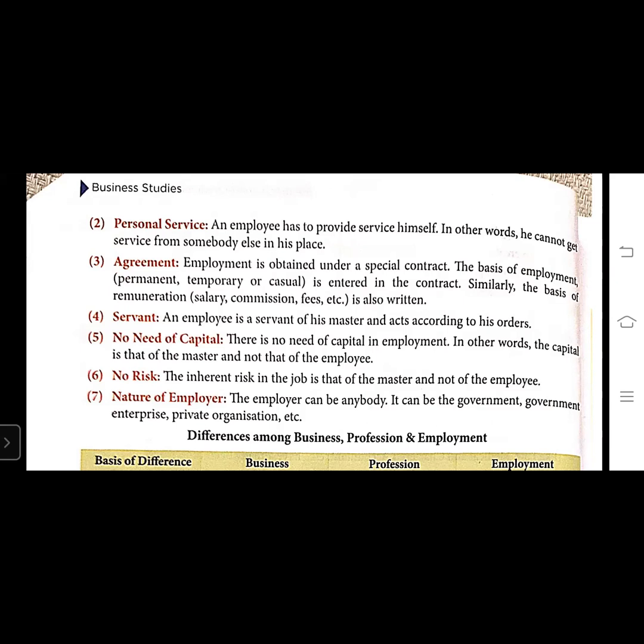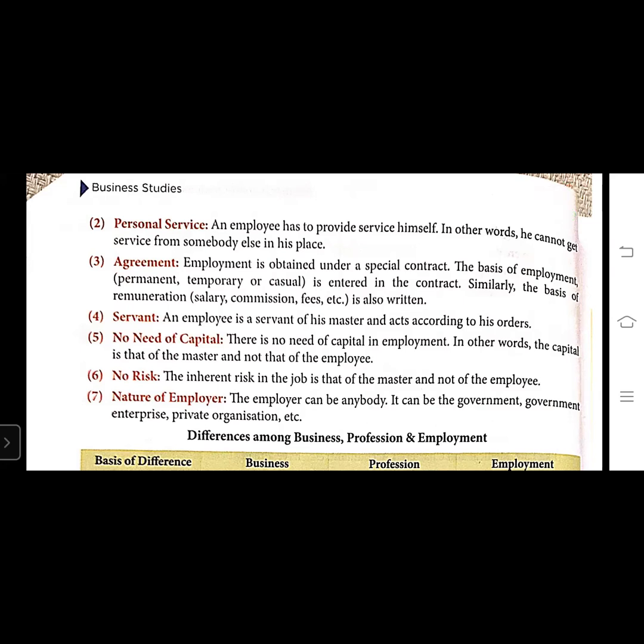If the employee is not investing anything, the inherent risk in the job is borne by the master and not the employee. Nature of employer: the employer can be anybody, government, enterprise, private organization, anybody. So these were the characteristics of business, profession, and employment.